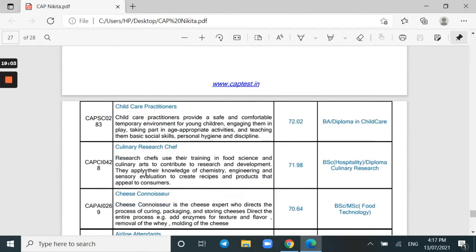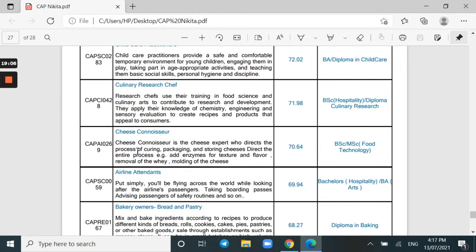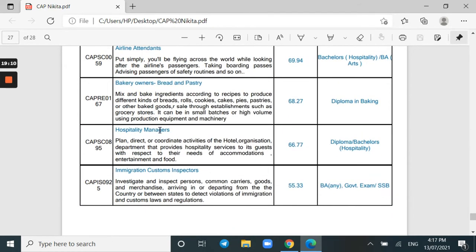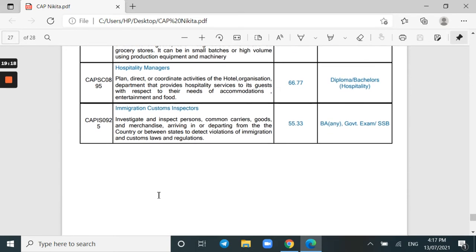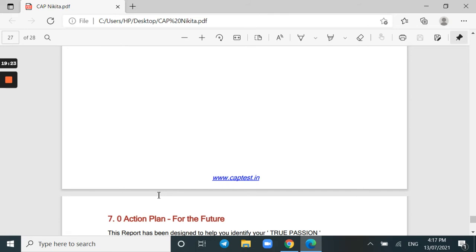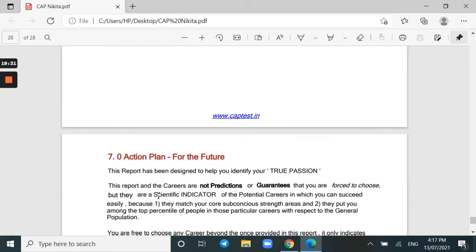So these are the sort of careers that are suiting this individual. Cheese connoisseur, bakery food owners, hospitality managers, immigration and customs inspectors. So it is giving a variety of careers which would suit this person because of the way they naturally are, and based on their individual passion and liking, they will then have to focus on the career, and once they focus on the career, then the education path can be identified easily.